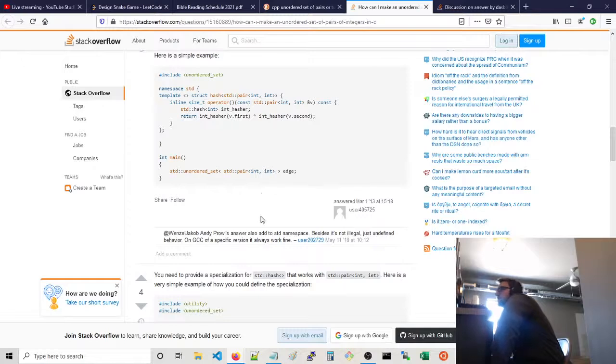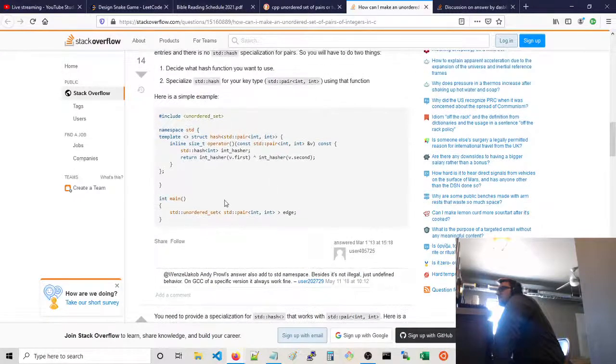Andy Prowl's answer: also add to the standard namespace beside, it's not illegal, just undefined. GCC, it always works fine. You can create a new namespace if you want.